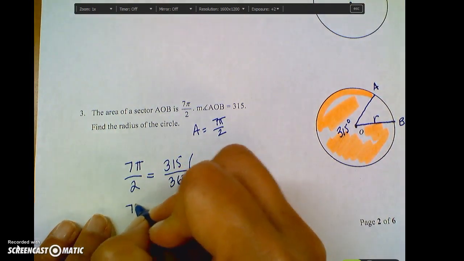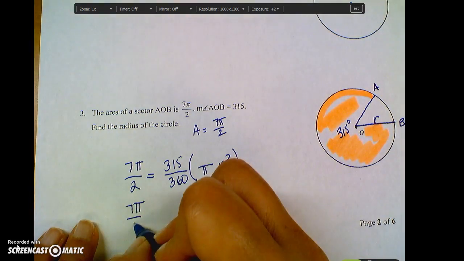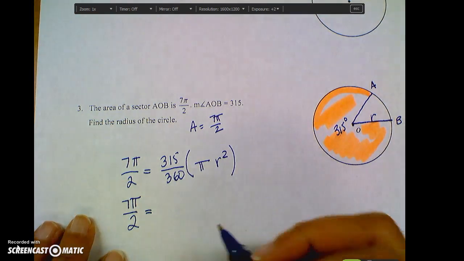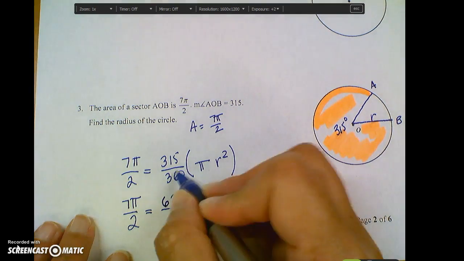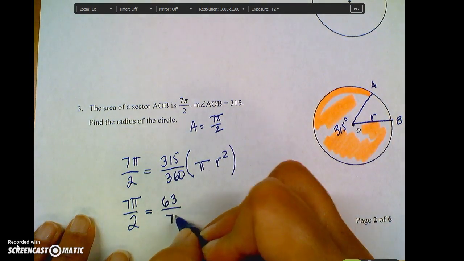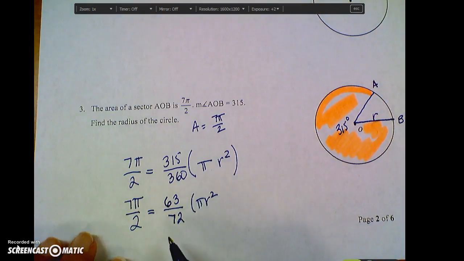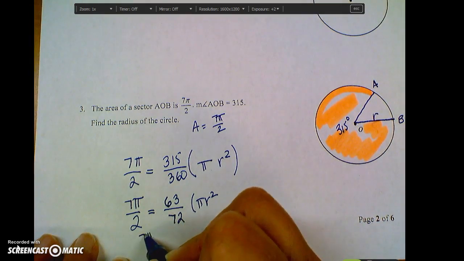First thing I'm going to do is reduce this by 5s for sure. So that goes in there 63 times, and 5 goes into there 72 times. And now we can see that 9 goes into both of those.